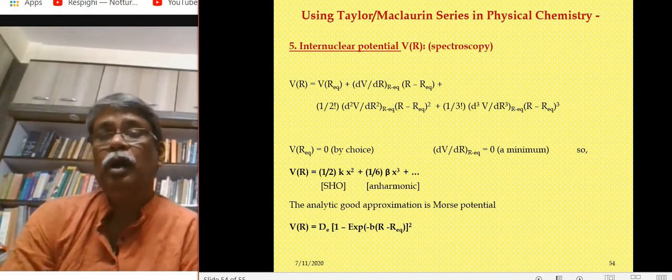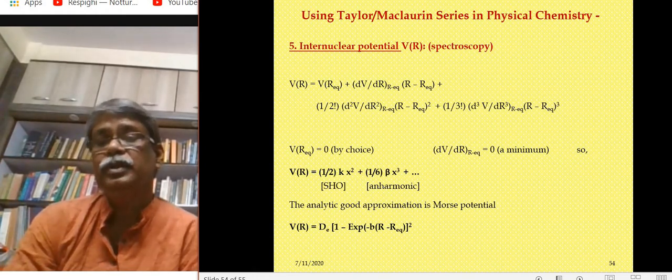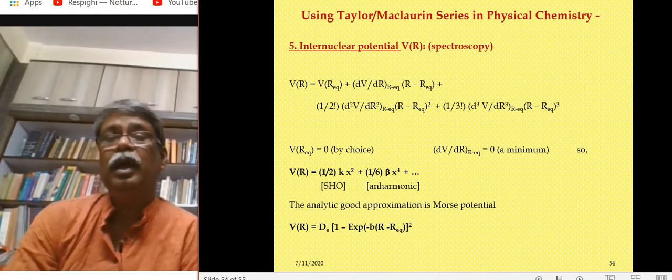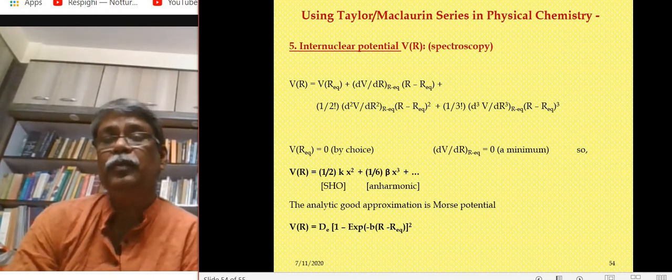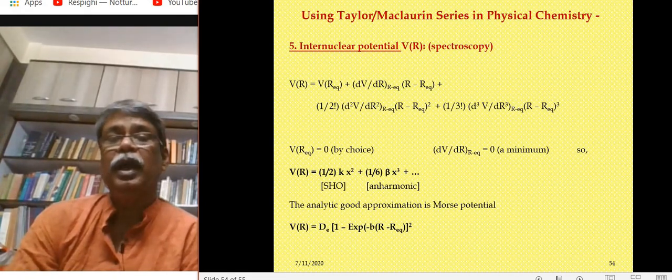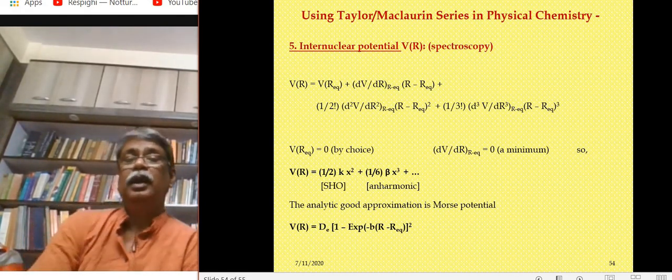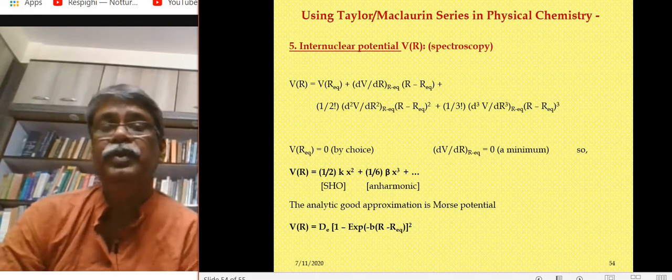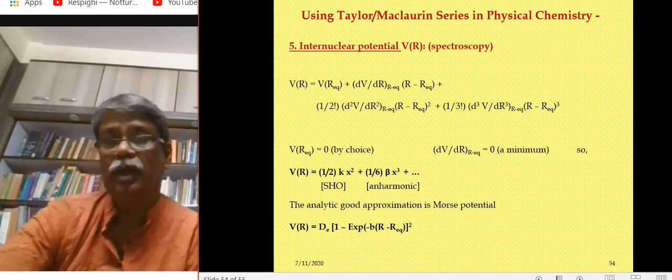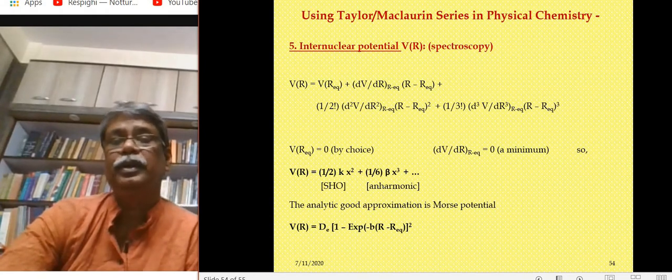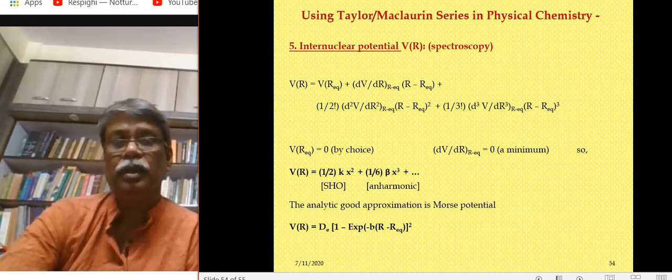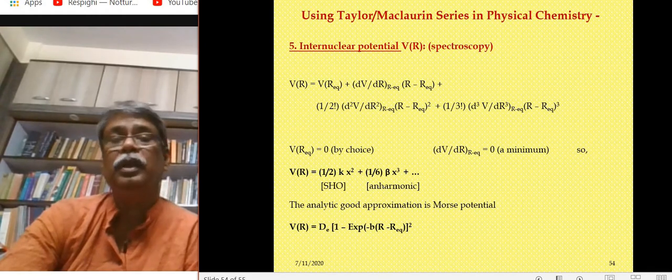V is the potential function in terms of the internuclear distance r, and around r equilibrium, if we expand that potential function, then you get the Taylor expansion actually, and that's all about the anharmonic oscillator function. The first derivative, second derivative, polarizability, hyperpolarizability, all these terms actually arise from this expansion, right? And that's how we get the very famous Morse potential, which is exactly solvable, and at the heart of this potential lies the expansion.